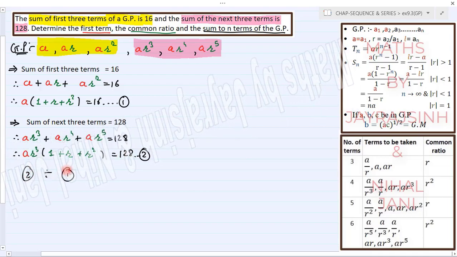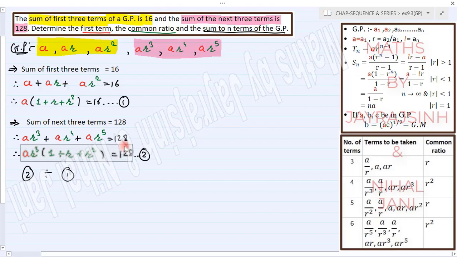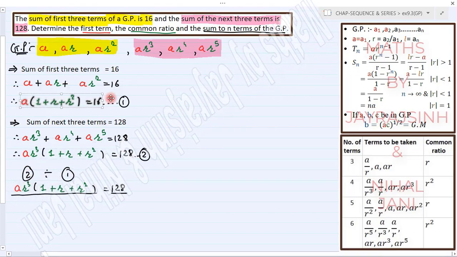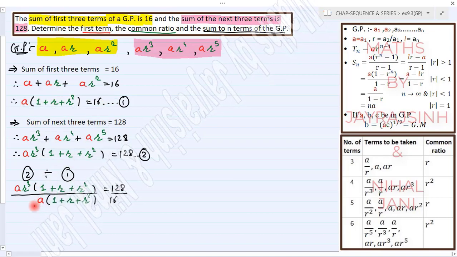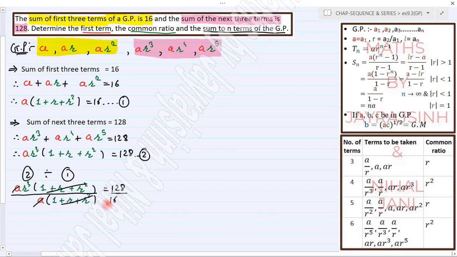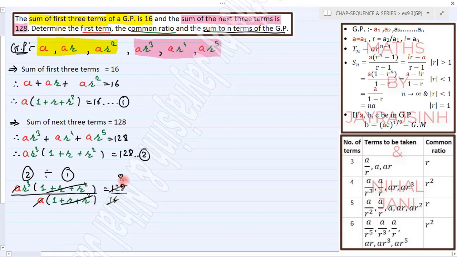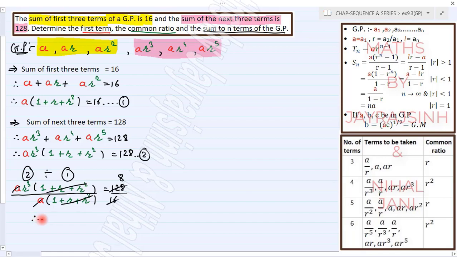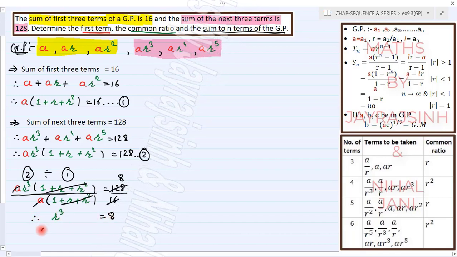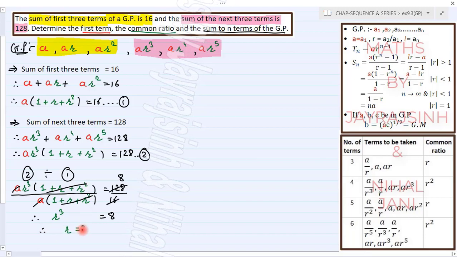So let's take the ratio of your second equation and the first equation. So your A and the bracket will be cancelled out, and we know that 16 8s are 128. So here we'll get R cube is equal to 8, which will give us R is equal to 2.